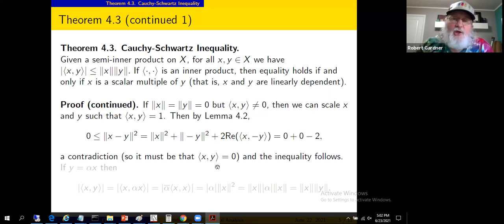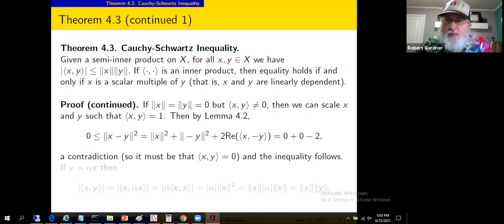There's a tiny little lemma about semi-inner products. If we take the semi-inner product of two vectors which have semi-norm 0, then that semi-inner product must be 0. This semi-norm, semi-inner product stuff I think of as kind of laying on a layer of uncertainty with these vectors that have norm 0. They're not the 0 vector.